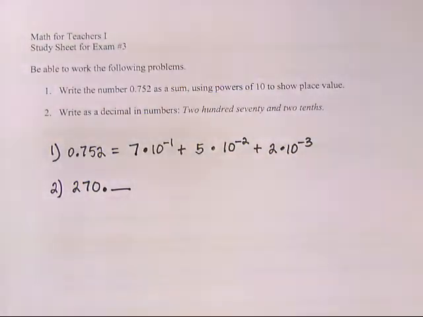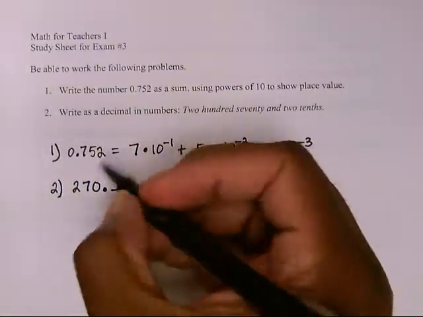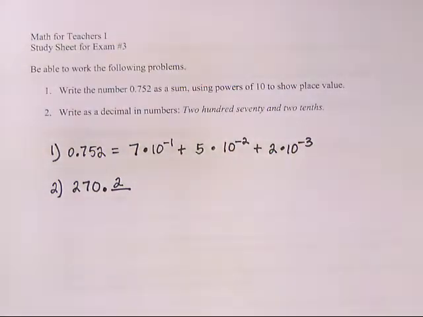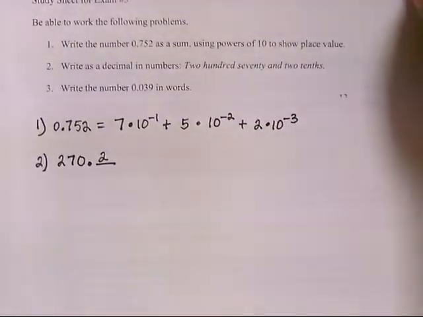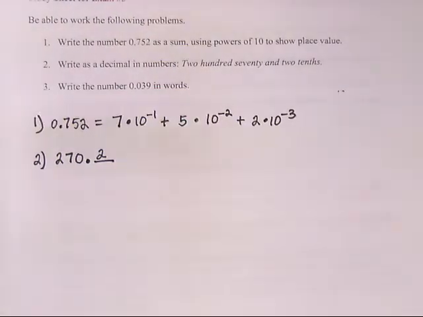Now, the tenths place is only one number behind the decimal point, so we have to fit this number in that slot. In this case, it'll be 2, so it'll be 270.2. Okay. Now, on the help sheet, you will have the place value chart on there to help you on this. So you have to be familiar with your place value positions here.